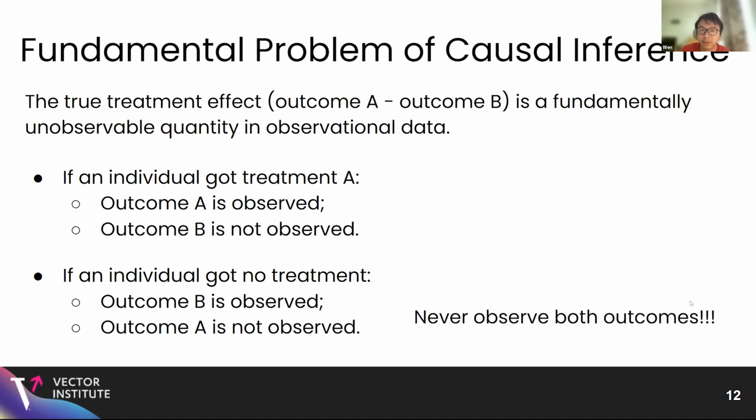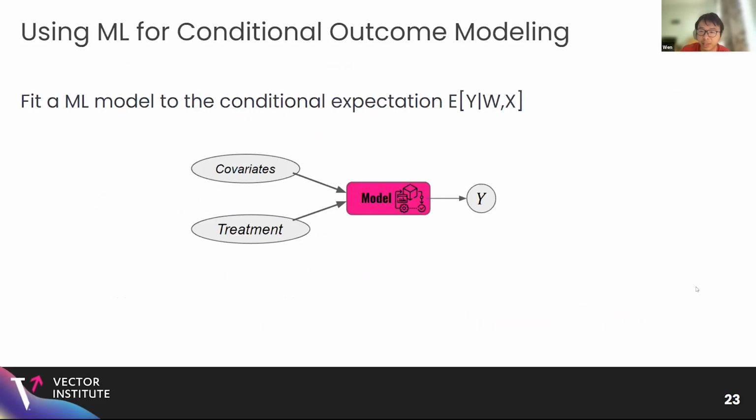So the fundamental question is that we never observe both outcomes in the actual real-world observational data. And how we can deal with this issue is that we can use machine learning models to model the conditional outcome.